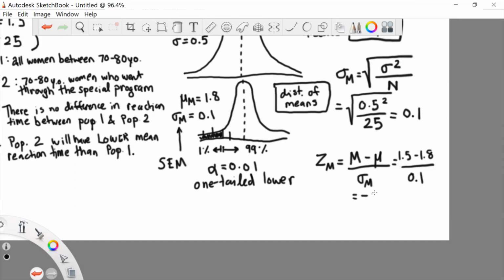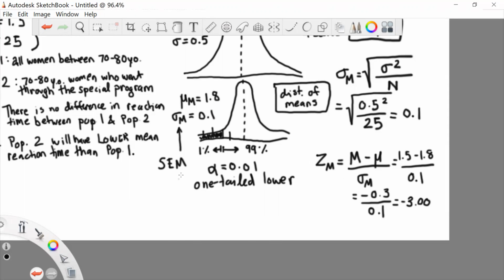That gives us minus 0.3 divided by 0.1. I'm using Excel to calculate this, to make sure I don't make a mistake. So this gives us a z-score of minus 3. Did everyone get that as well? All right, so we now have the z-score of our sample mean, which is minus 3.